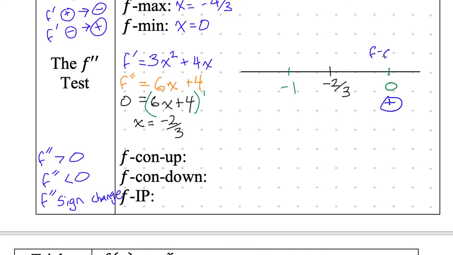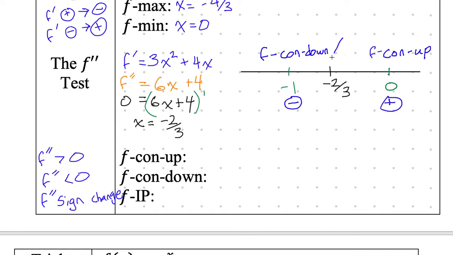Yep, f concave up. You can plug in negative 1 again, and you will get a negative. Or you can use the trick that we know it's an odd power, and you know that this is going to switch over this inflection point. Now that we know it's negative, we can conclude that this is f. Someone shout it out. F concave down.